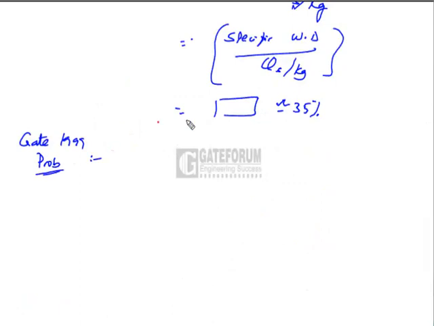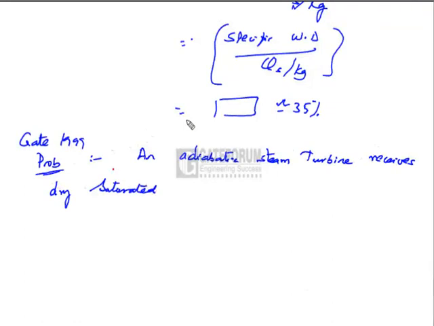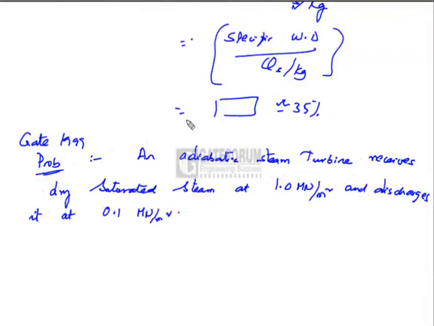The problem is given like this: an adiabatic steam turbine receives dry saturated steam at 1 meganewton per meter square and discharges it at 0.1 meganewton per meter square.